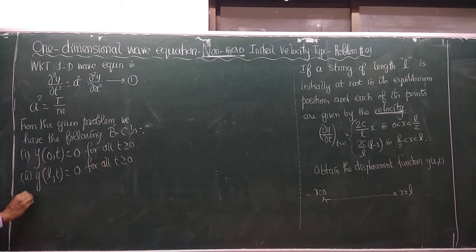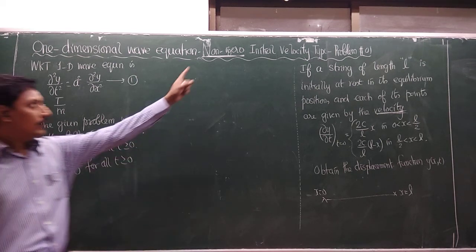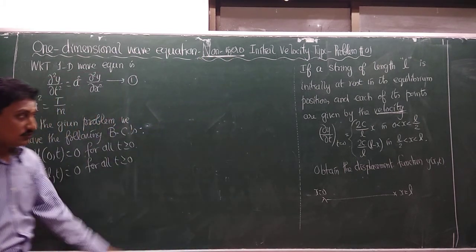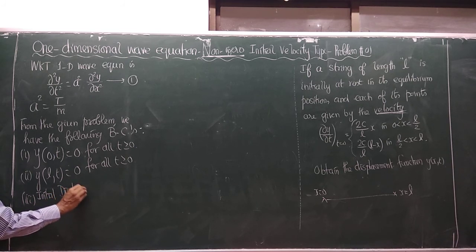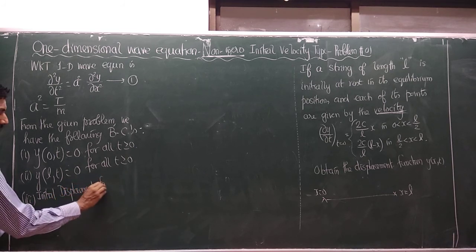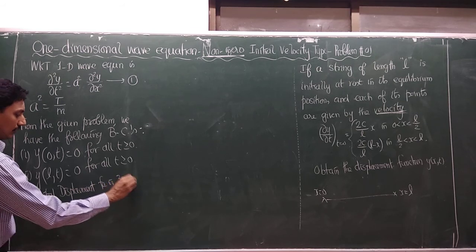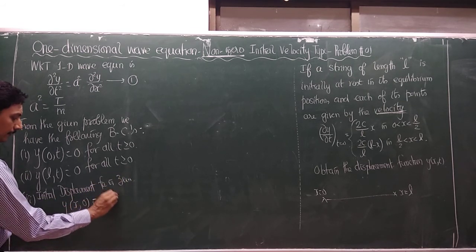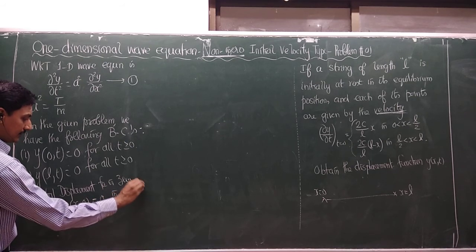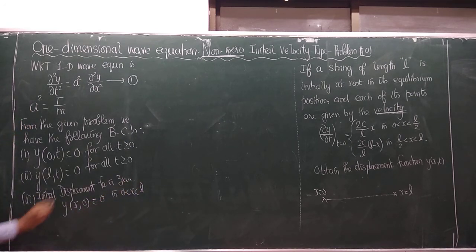And the third one: this time we have non-zero initial velocity. So velocity is given, and this time the initial displacement function is 0. That means y(x, 0) = 0 in 0 < x < L. And the fourth one is velocity.